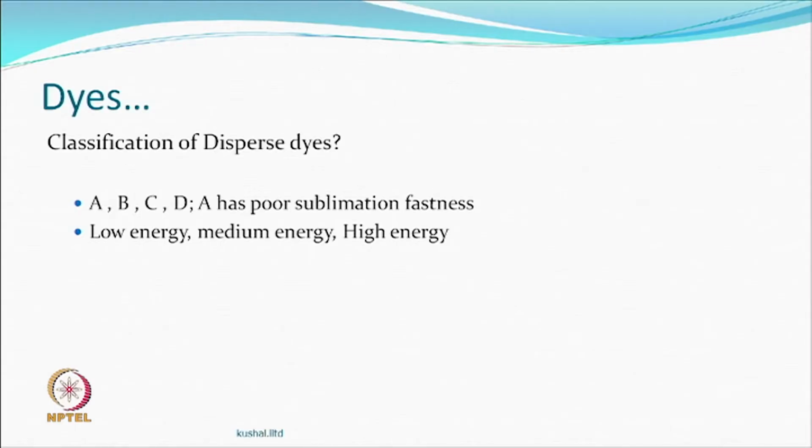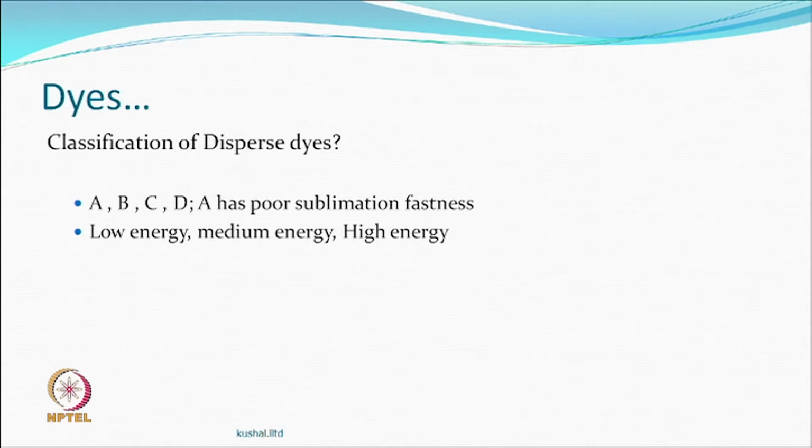So, the dyes known as the dispersed dyes have been categorized into various categories A, B, C, D, which is based on their sublimation fastness. So, if the sublimation fastness is poor, you say, well, it is A type of dye.